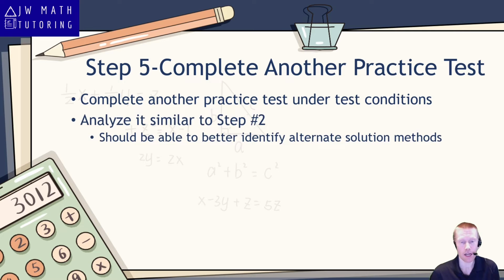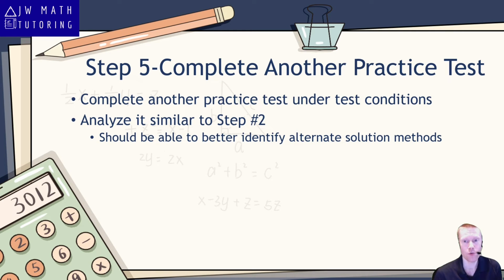And the analyzing of it should be similar to what you did in step 2. That's going through after it's graded and identifying the questions not only that you missed, but also that were correct but guessed on as one of the 3 categories: either careless errors, knowledge errors, or still unknown material.